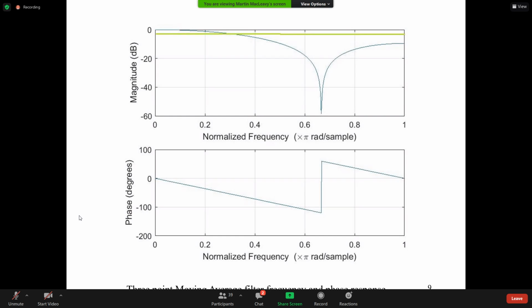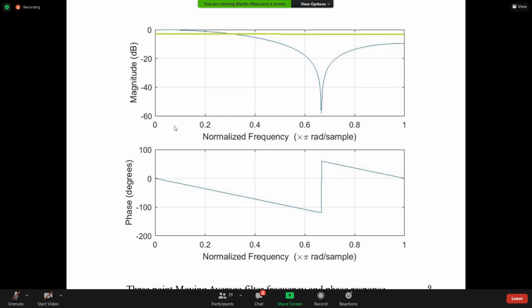In other words, when that signal comes in, at 0 hertz there will be 0 phase shift and 0 attenuation of that signal as it goes through.